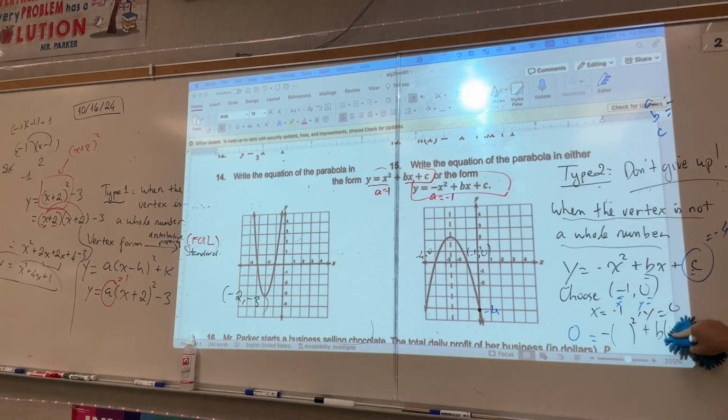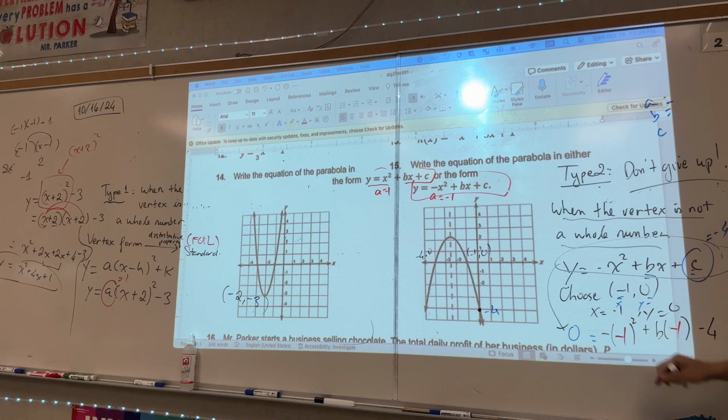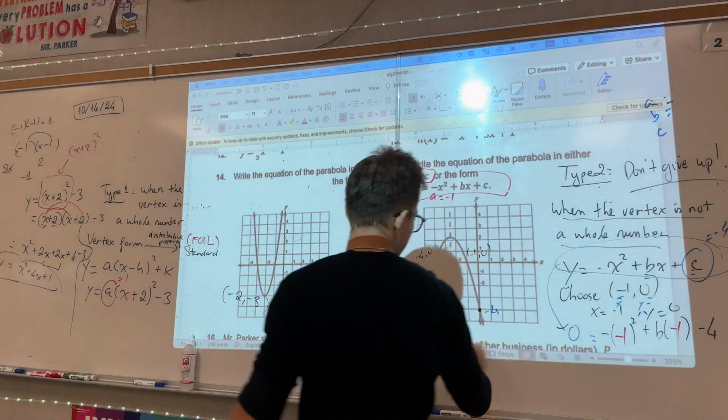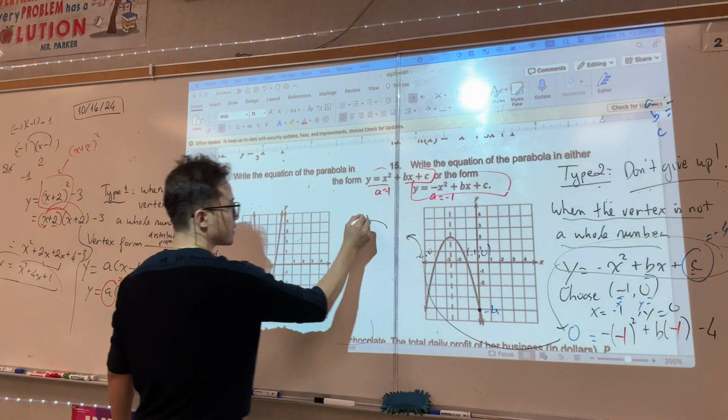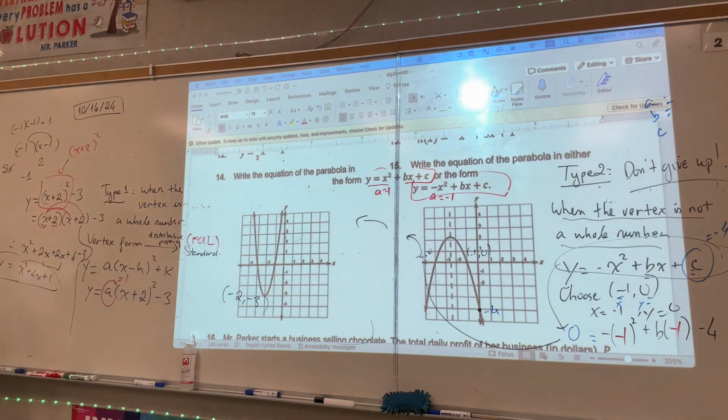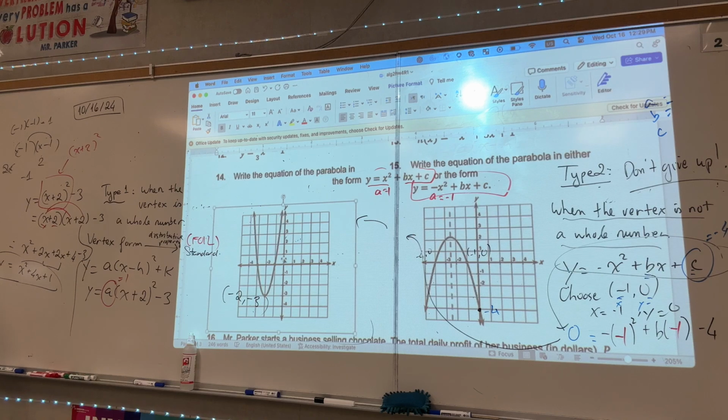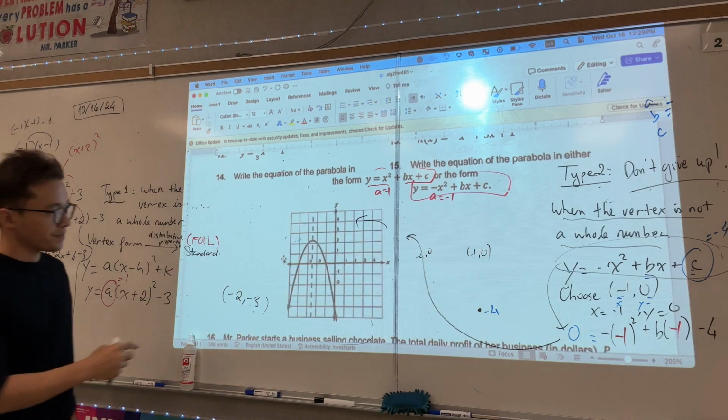C we found already. C is -4. Okay, I plug it in here. Okay, x is -1, so I put it like this. That's why I have parentheses, because it takes care of the sign easier. I won't make a mistake. Let me delete this. Okay.